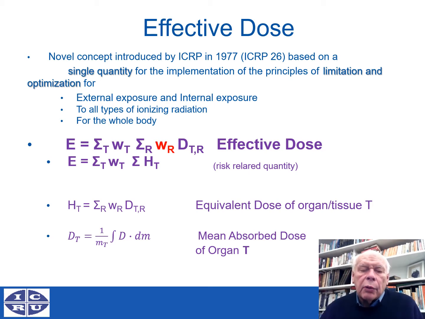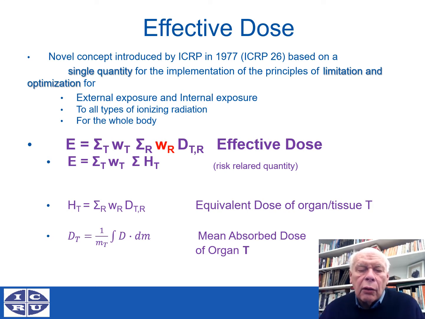I assume that everybody knows the definition of effective dose. Nevertheless, I would like to point to some special aspects of it. The absorbed dose in the definition is the average dose, the mean dose of organs and tissues, which are specified by ICRP.